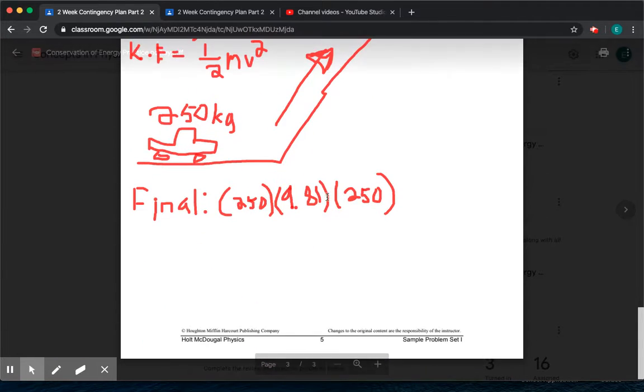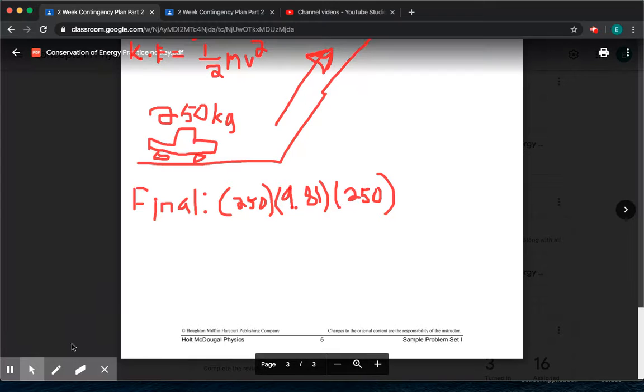So these three numbers multiplied is not going to give us all of the energy that we actually started with. We lost some of it to friction. How much did we lose? It told us. We lost 2.55 times 10 to the 5th joules to friction.